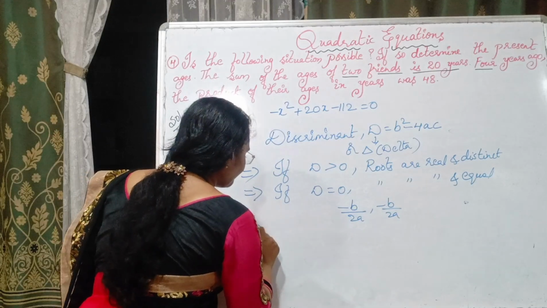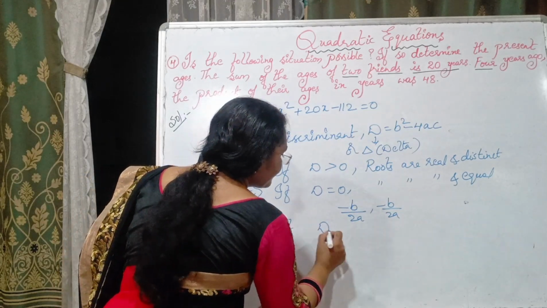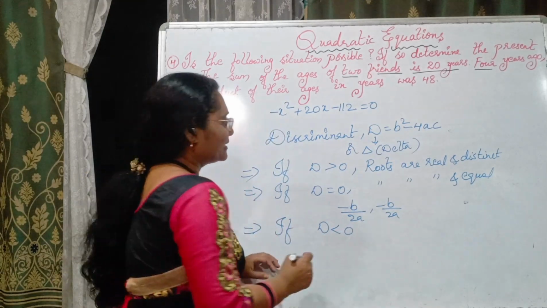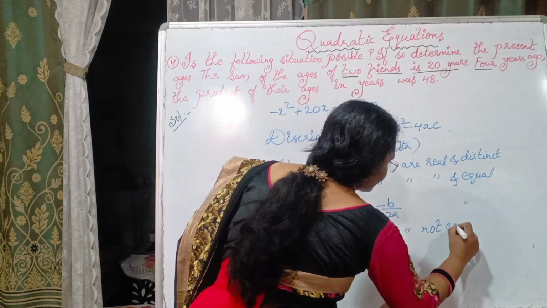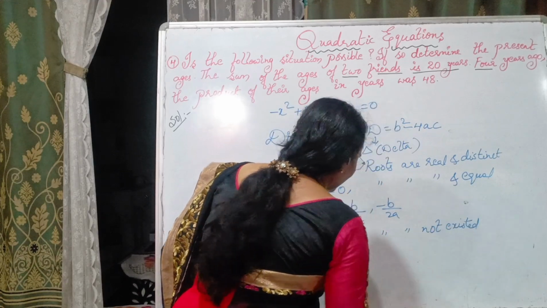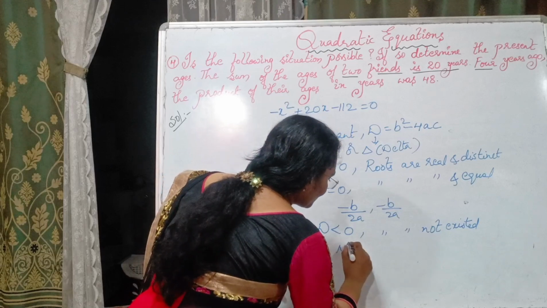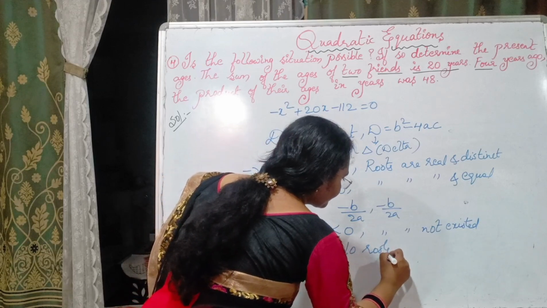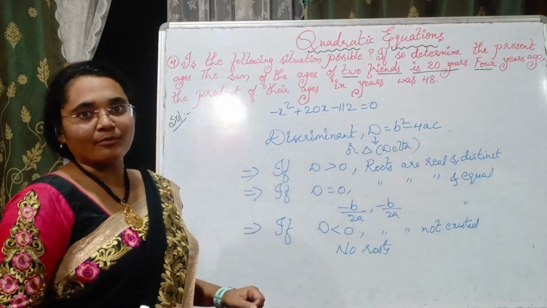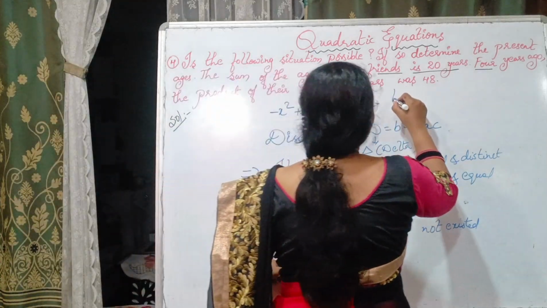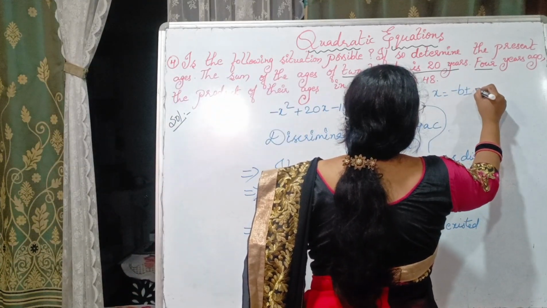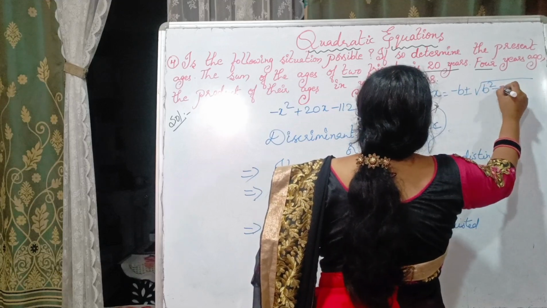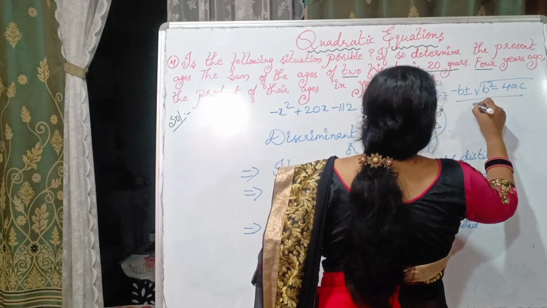The third condition: if the discriminant is less than 0, then the roots are not existent. That means it does not have any roots, no roots. This discriminant formula we are applying in the quadratic formula, that is x is equal to minus b plus or minus root of b square minus 4ac by 2a.